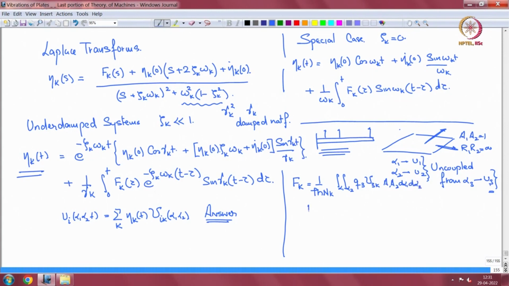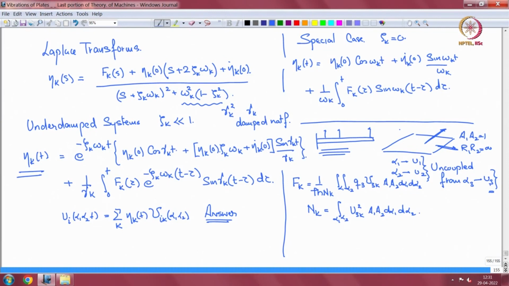And what is n k? n k will contain only the particular component u3k squared, A1 A2 d alpha 1 d alpha 2.